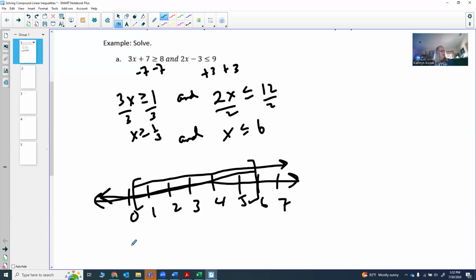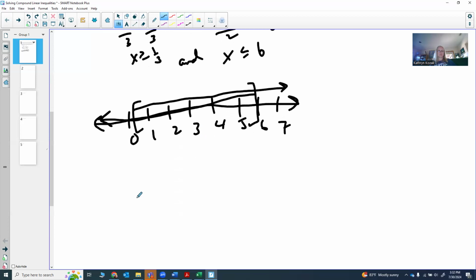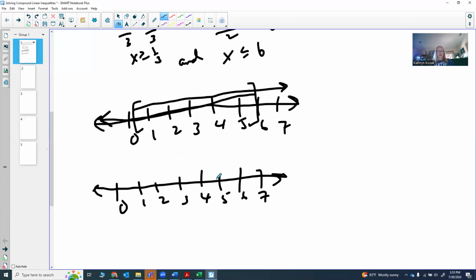The overlap is greater than or equal to 1/3 and less than or equal to 6. If you only plot that overlap, the solution looks like the following. And so what you get is 1/3 to 6. In interval notation, the solution would be open bracket 1/3, comma 6, close bracket.